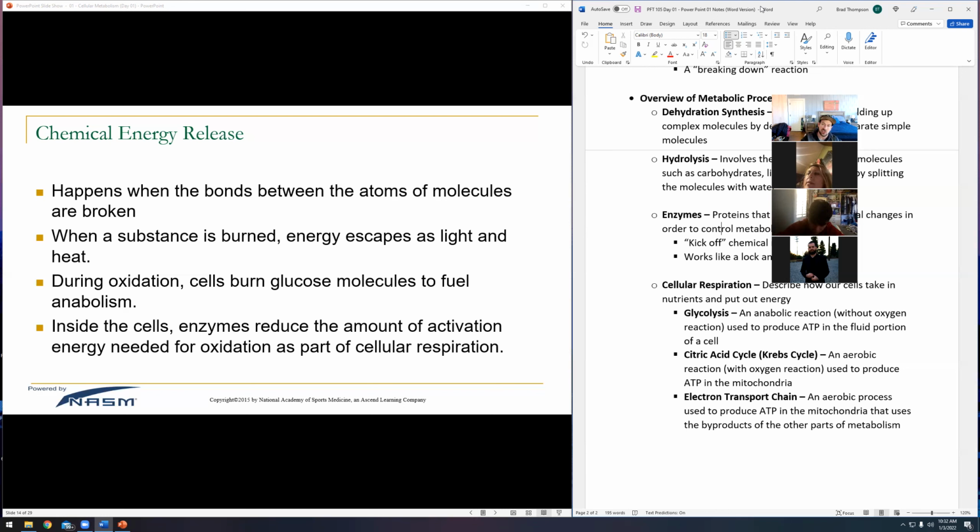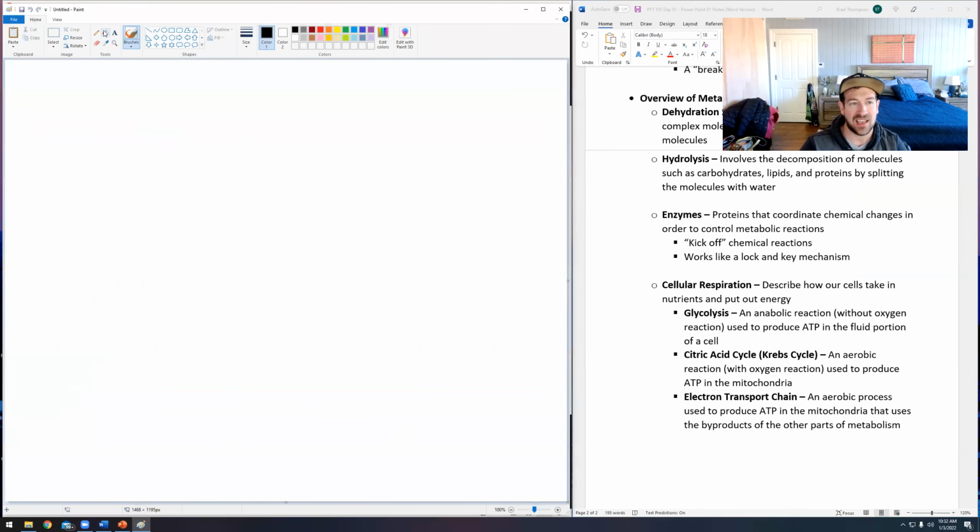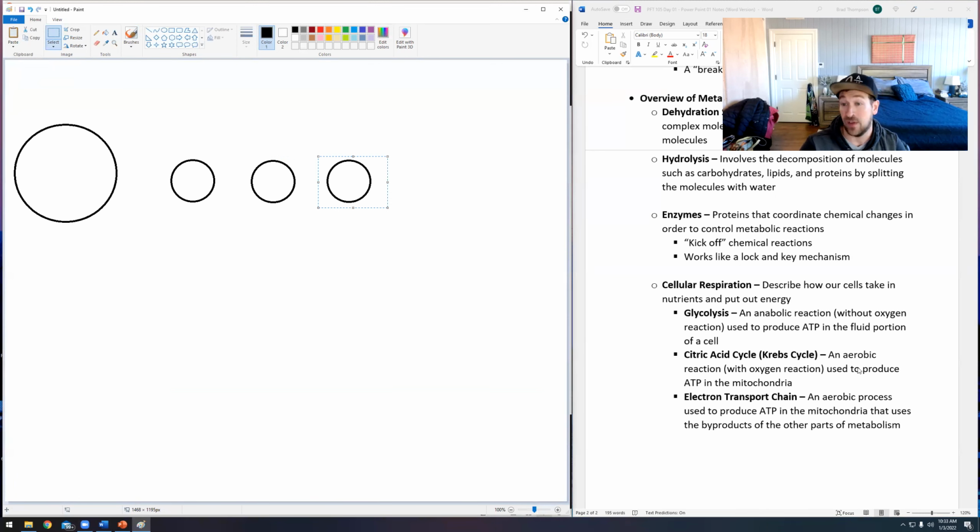And our body doesn't just capture direct energy. Instead, what our body captures is this high energy molecule called adenosine triphosphate, or more commonly referred to as ATP. So ATP is our version of energy, okay?